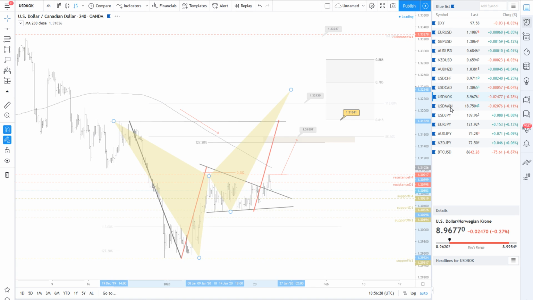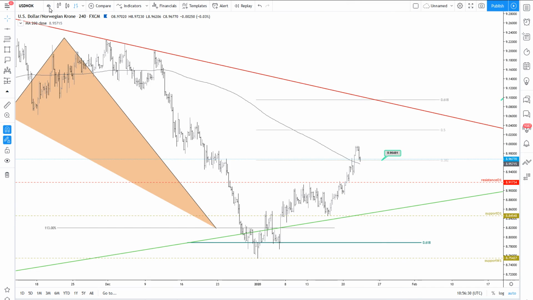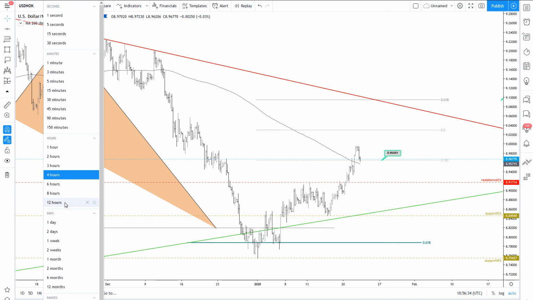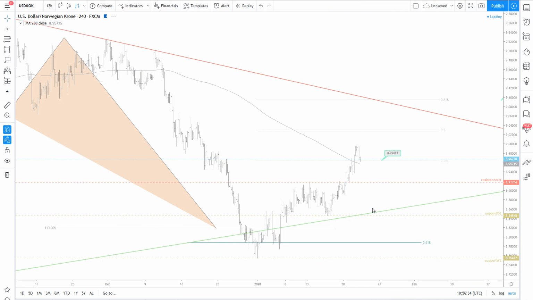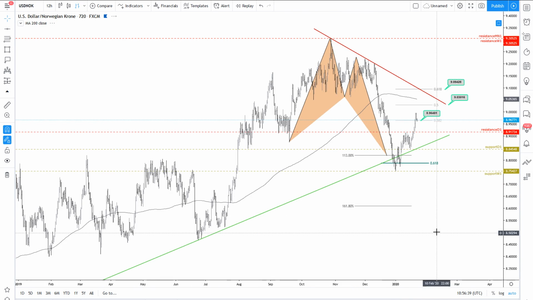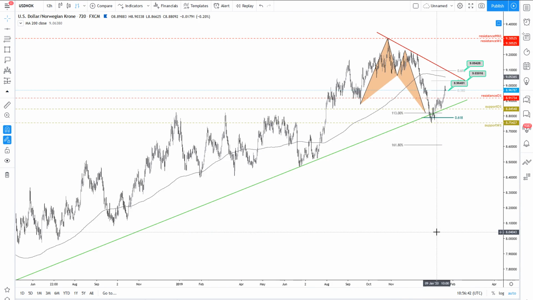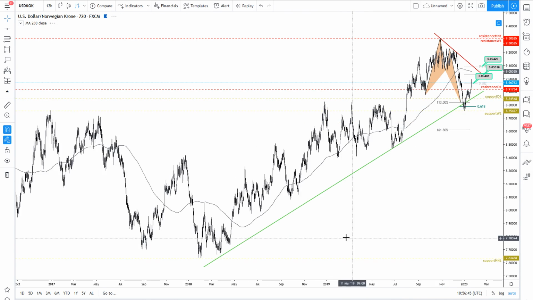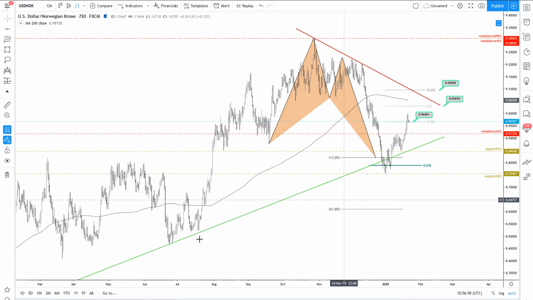The Norwegian krone, I shared this before with some of you, at least for those who checked my previous video, calling your attention to a potential bounce from this trend line. So basically, this is a major trend line supporting these most recent and previous lows.